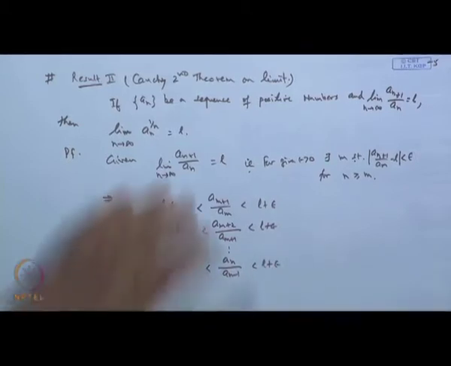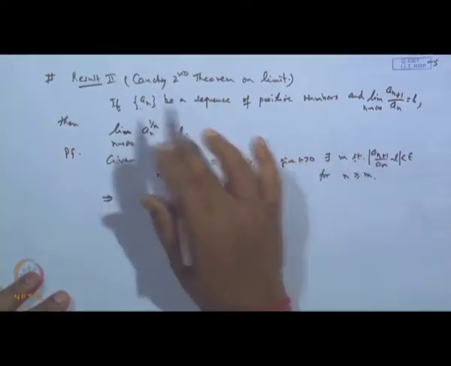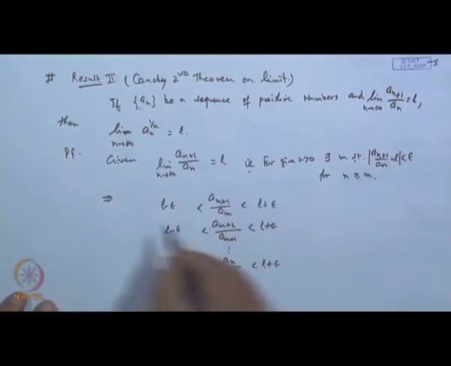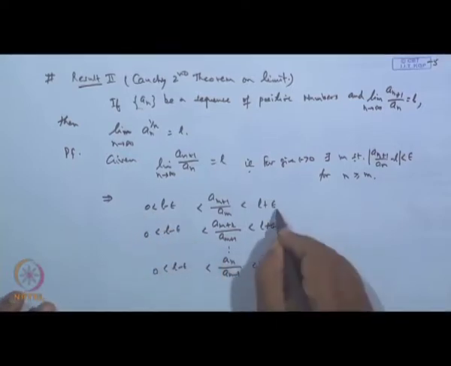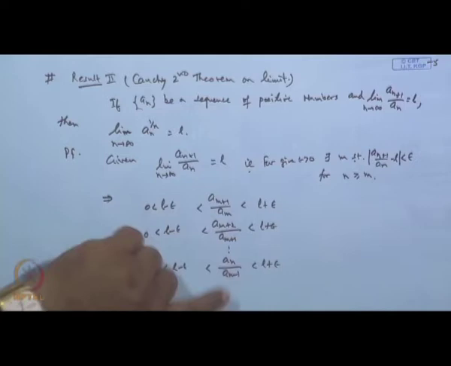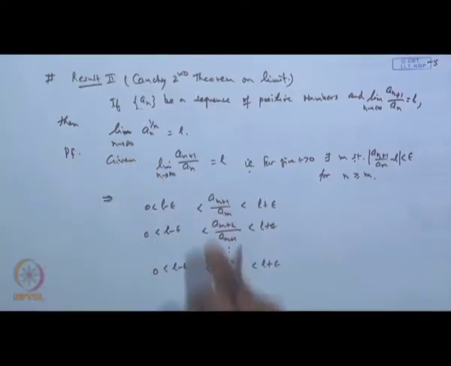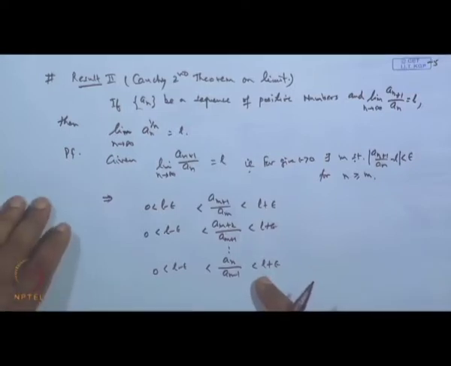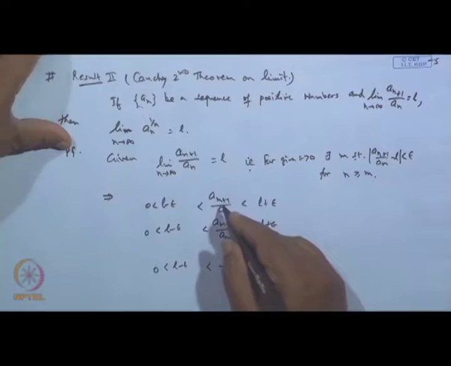Just continue. Now, find the product, because these are all positive quantities, remember, because a n is a sequence of positive numbers. Once they are positive, we can multiply without changing the inequality. Okay. So, when you multiply these, what do you get? These are a total of n minus m terms.